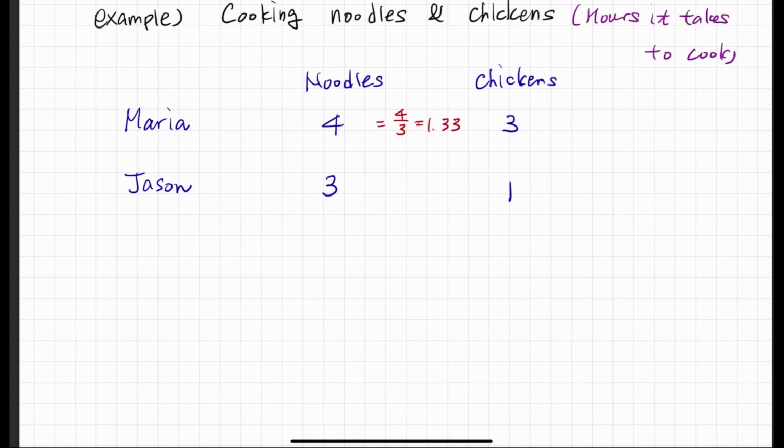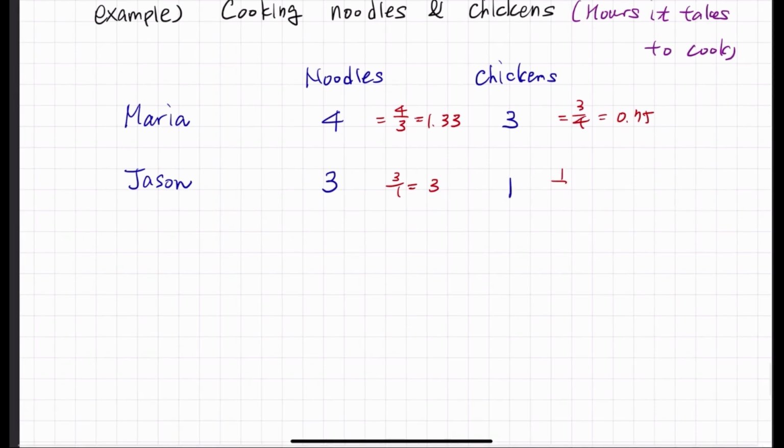For chicken, Maria should give up 3/4 noodles. It would be 0.75. How about Jason? 3/1 is 3 chickens. And for chicken, Jason should give up 1/3 noodles. Okay?